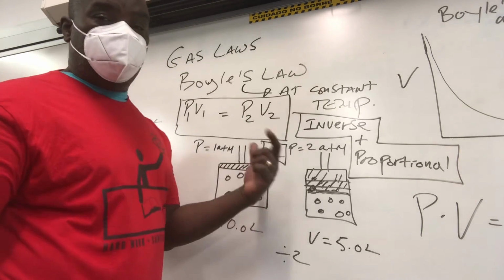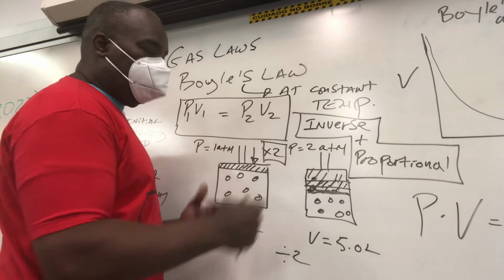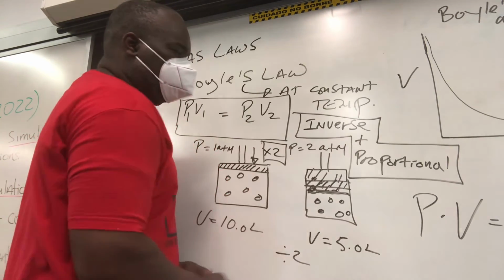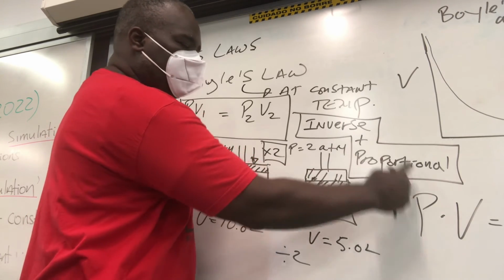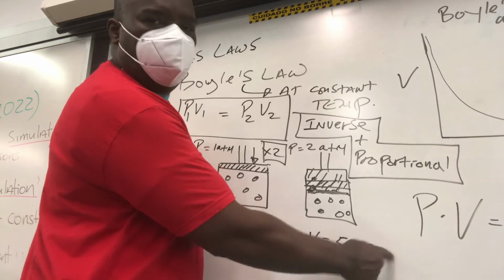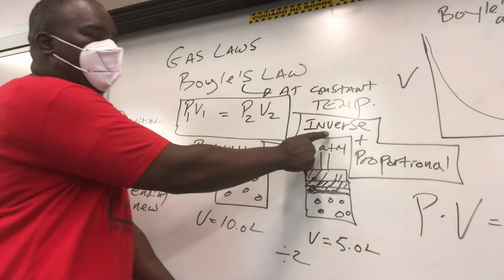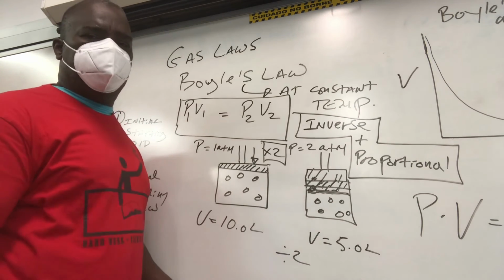So what you can do, you can actually predict what 2 numbers go here. Because if the pressure gets doubled again to 4, you can automatically assume that the volume will go to 2.5 based on the fact that it has an inverse and proportional relationship, right? It's a nice thing about it, okay?